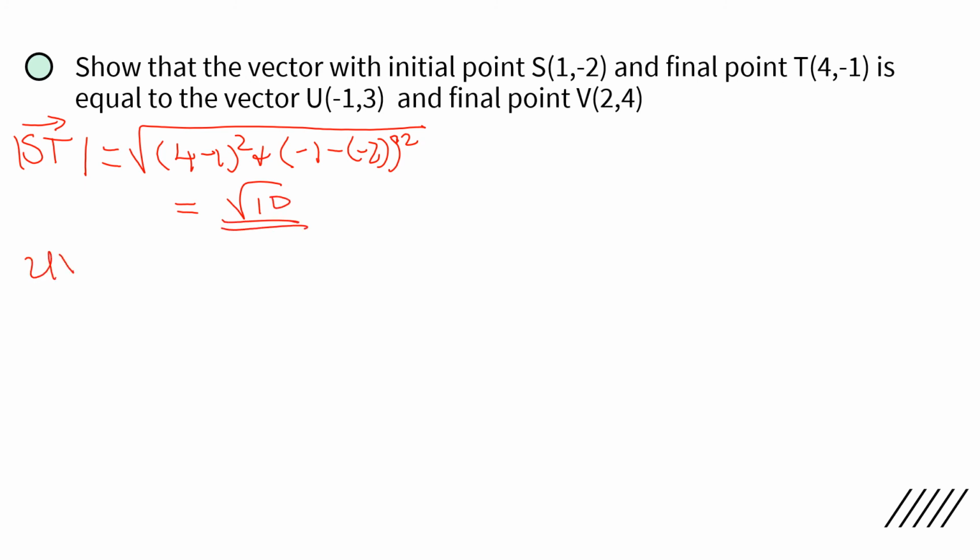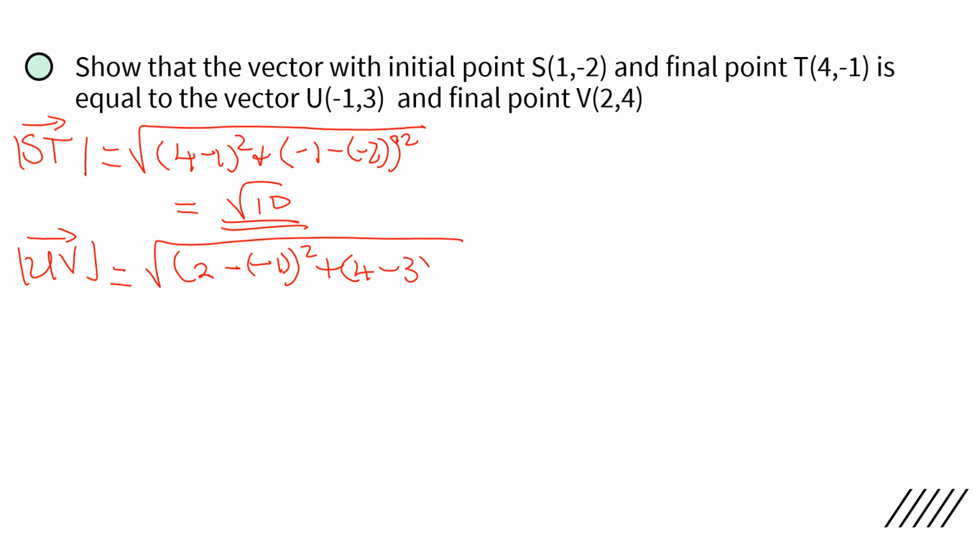And let's try for UV. 2 minus 1 squared plus 4 minus 3 squared, which gives us root 10 as well. So they have the same magnitude.